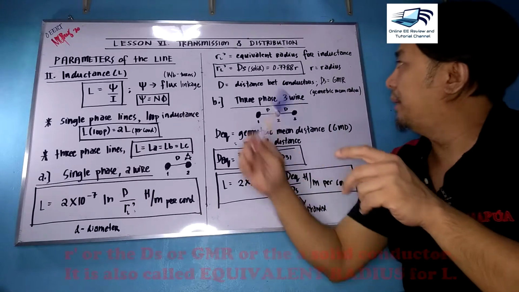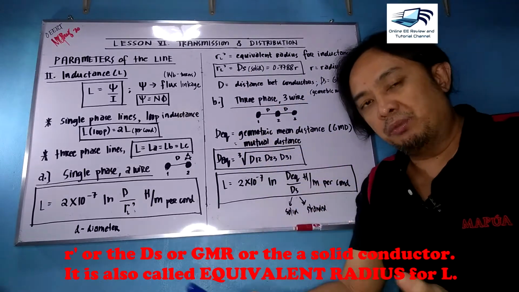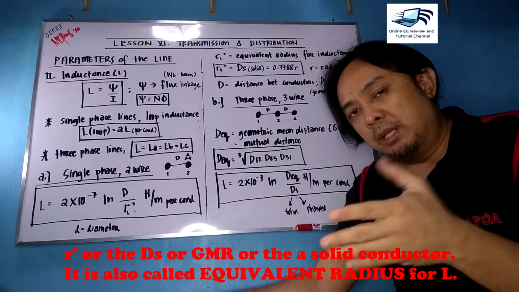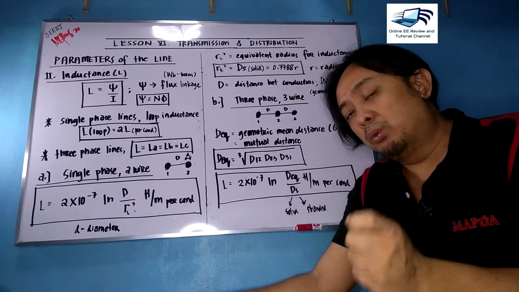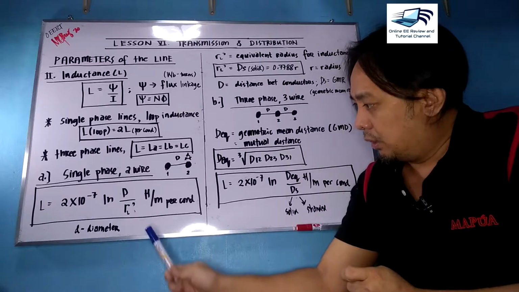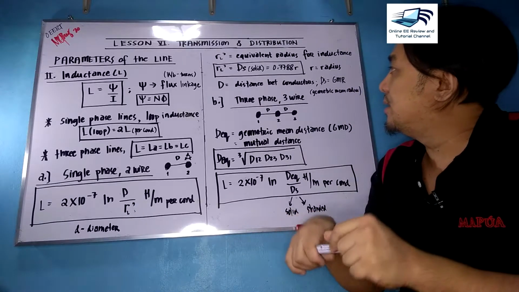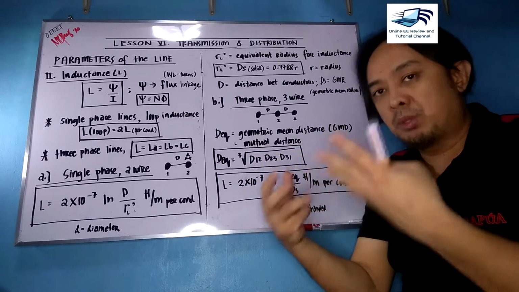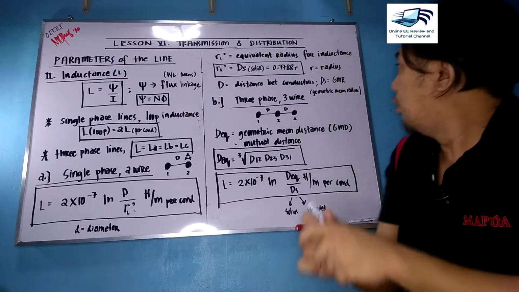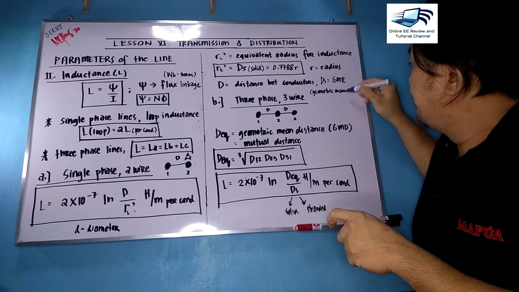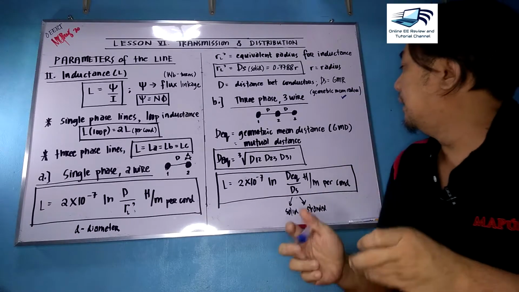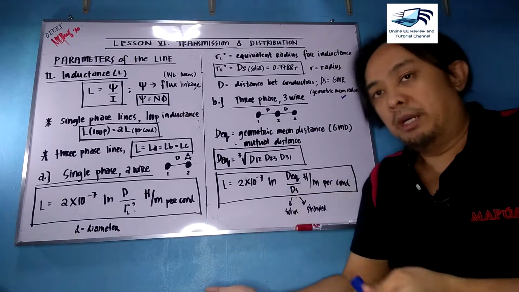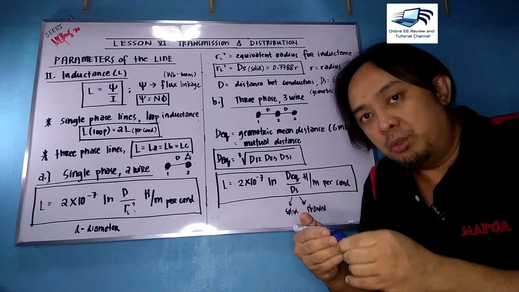The r prime here is the equivalent radius of the conductor, which is different when you go to the capacitance topic. Here, r prime is designated as Ds, or self-distance, or by its typical definition, the famous GMR, or geometric mean radius.